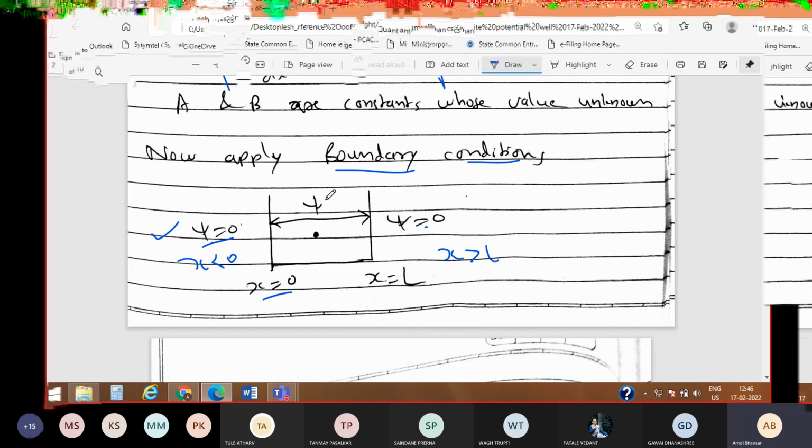So here I get equation 4a. Put this value of the psi function in equation number 4. What is equation number 4? This one, normalizing the wave function.